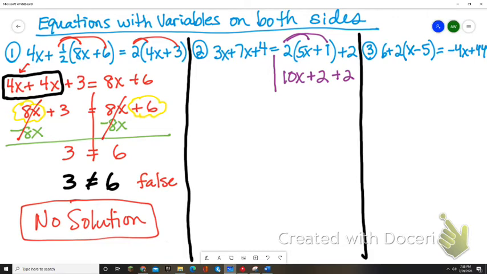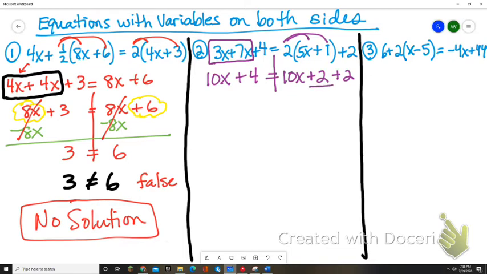If we're looking on the left side, you guys should see that there are 2 terms that have x's. So those are like terms, and we want to combine like terms. So 3x plus 7x is 10x, plus 4 just drops down, and that equals 10x plus 2 plus 2.